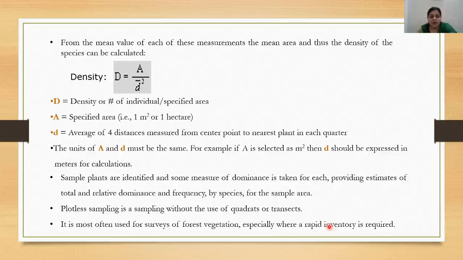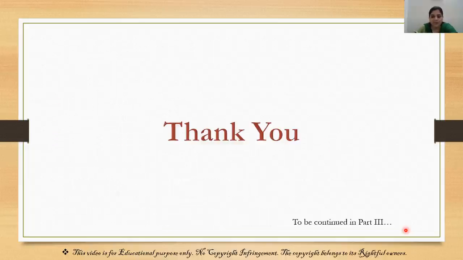So it is a random method in which quadrats or transects are not used. This method is often used for surveys of forest vegetation, especially where a rapid inventory is required. So while surveying a specific forest area, this method can be employed.